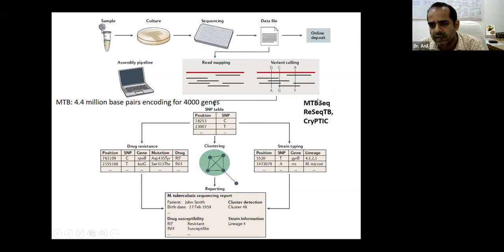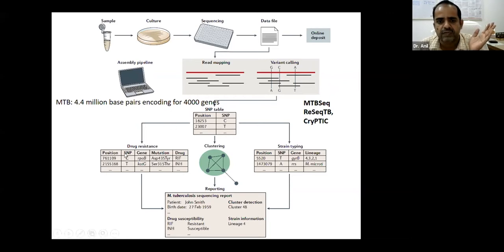databases that are publicly available: MTB-SIG, ReSeqTB, and CRyPTIC. These are different databases that are available online, where they feed the data and analyze and try to make sense of what's happening with the mycobacteria. They try to identify the SNPs, the single nucleotide polymorphisms, that is, a change in the sequence of the base pairs. Change in the sequence of base pairs is identified.